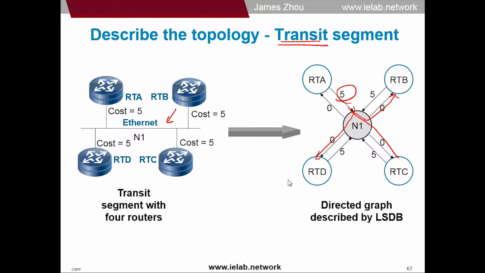Right? We must add a note here: every router to the pseudo node is the transit described cost, and the pseudo node to every router is 0. This is the transit segment.